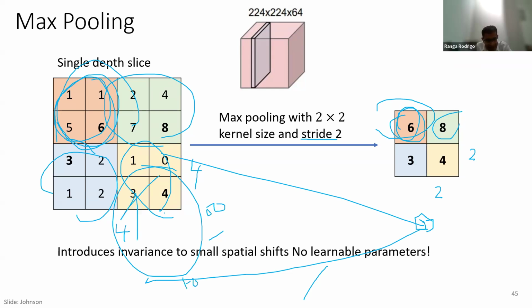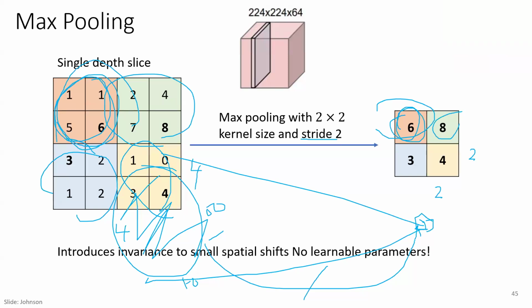So whatever objects have been there would have influenced this one. So you can make a decision on those objects using that one single number. That's why you keep on reducing the spatial size in a network. Like a statistical significance. Yes, yes.